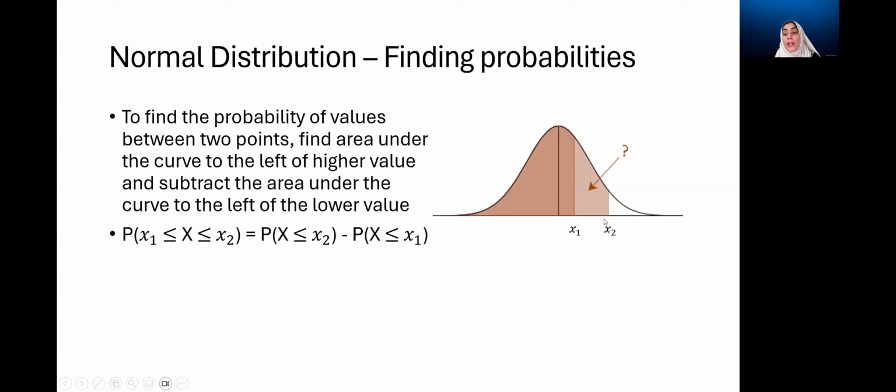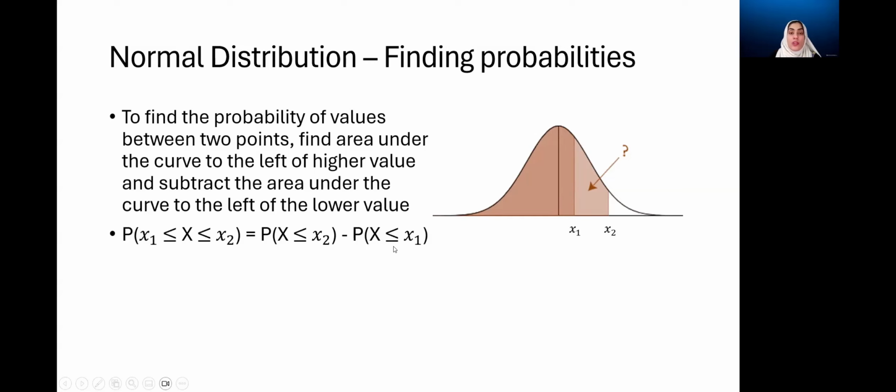In order to get the values in between, or this area which is lightly shaded here, we can subtract the area which we get for x1 from this whole area that we get for x2. So the area that we get for x2, which is P of x is less than or equal to x2, which we looked up from the table, we subtract the area that we get for x1, which is P of x is less than x1, which again we look up from the table.